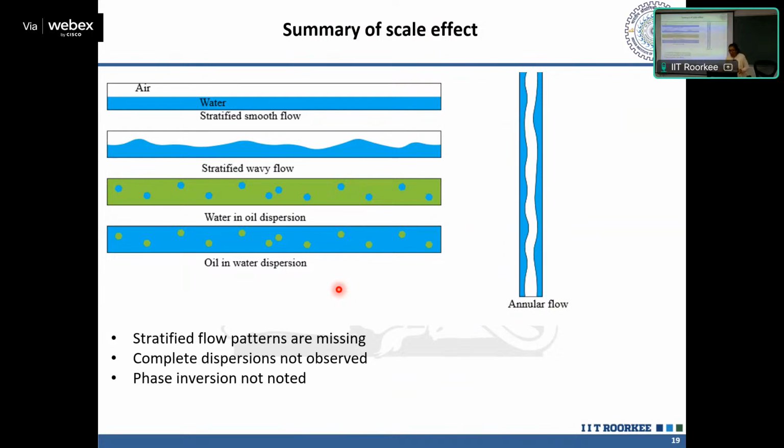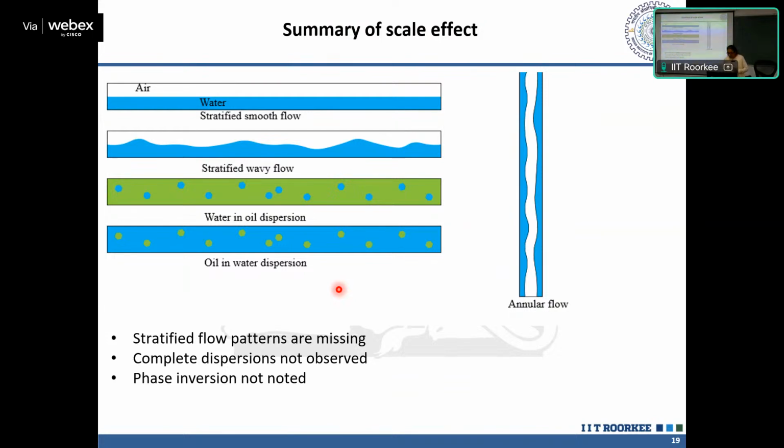When you are seeing one type of dispersion, suddenly with a small change in the geometry or the operating parameters, it may land up with the other type of dispersion, and that is called phase inversion. In case of vertical orientation, we mostly get annular distribution, while stratification is absolutely not observed in macro channels for vertical orientation.